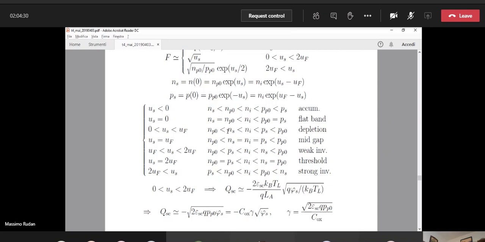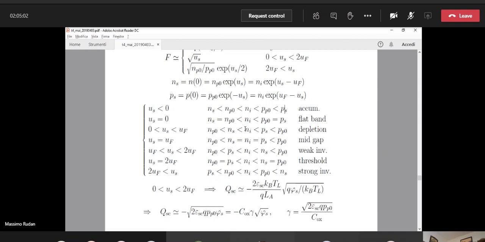The electrons increase, but they are still very few because their concentration at the surface is smaller than the surface concentration. So we have a region near the surface that is practically depleted of mobile charges because the holes are pushed away. The electrons are attracted, but there are not so many of them yet.